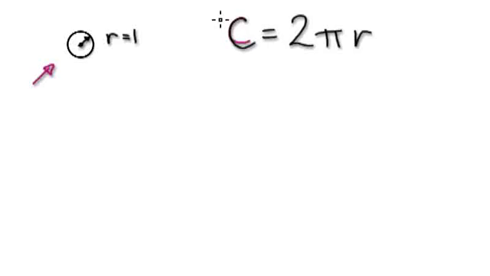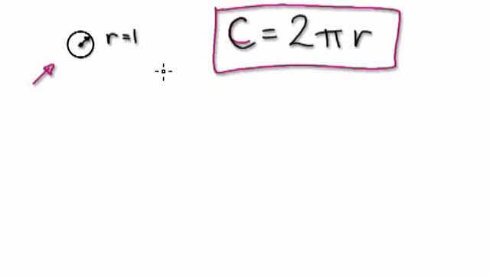Okay, this one here. Now you're given the radius of 1. What is the circumference of this tiny circle? So start with this, C equals 2 pi r. Work out the circumference of this circle. So press pause and have a go.